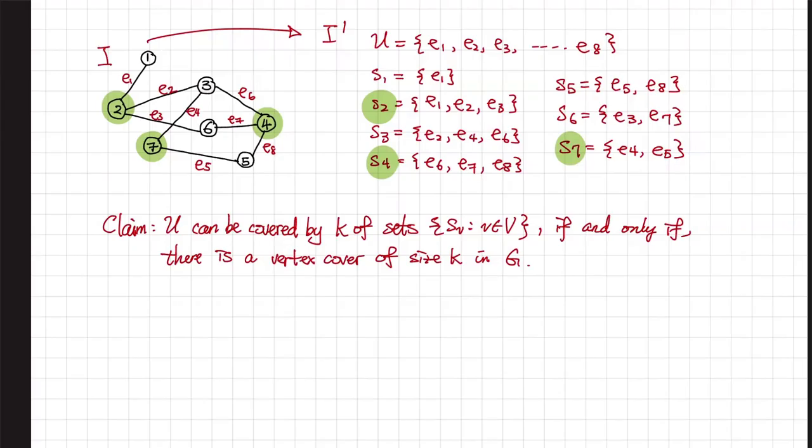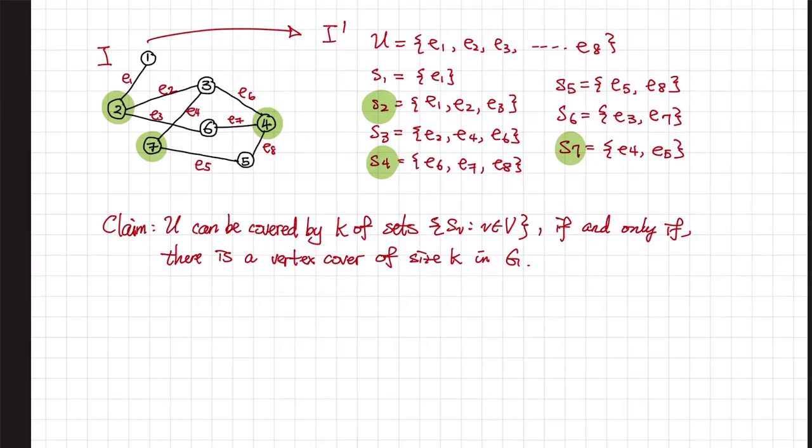So this is an if and only if statement, so you will either prove it by contradiction or show that one implies the other, and then you reverse. In other words, you want to show that if there is a set cover with size k, you can always find a vertex cover with size k. And vice versa.